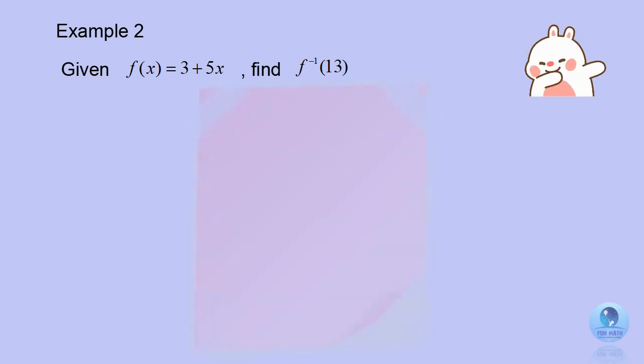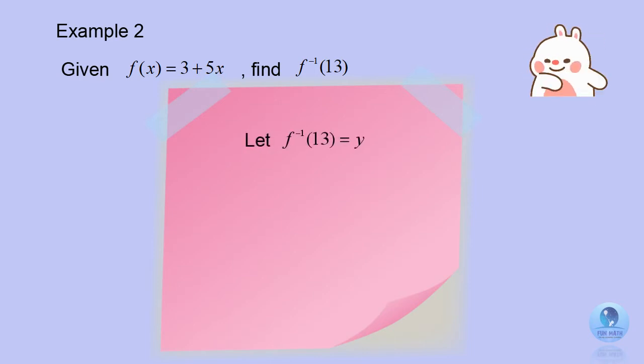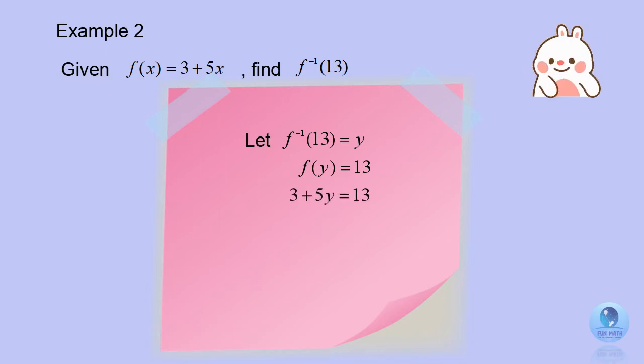To answer this question, just follow the same step. You must let f inverse of 13 equals y, and therefore f of y equals 13. Substitute y into the function f of x and you will get 3 plus 5y equals 13. And finally you get your answer y equals 2.